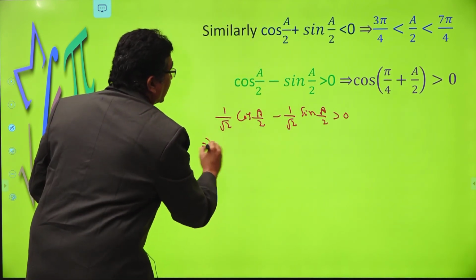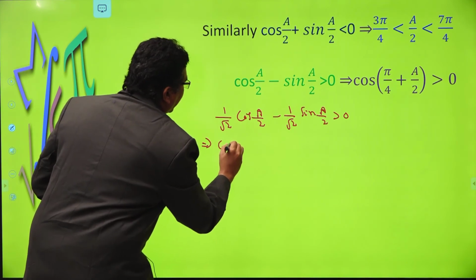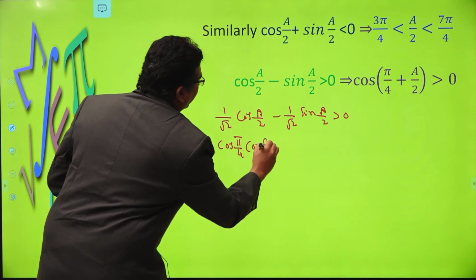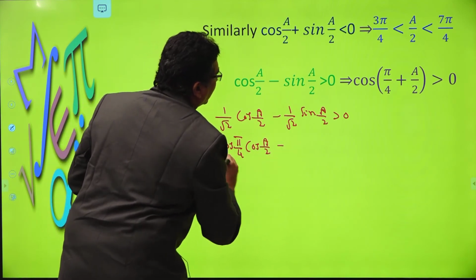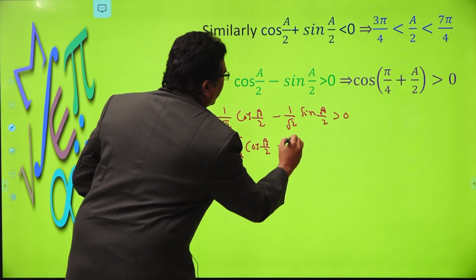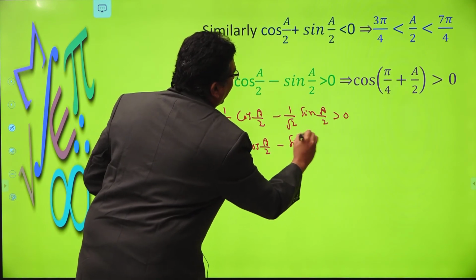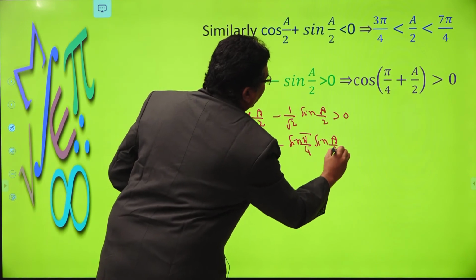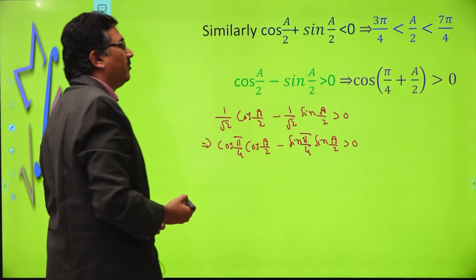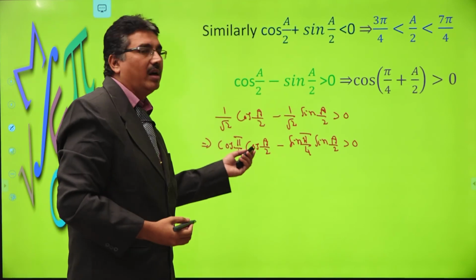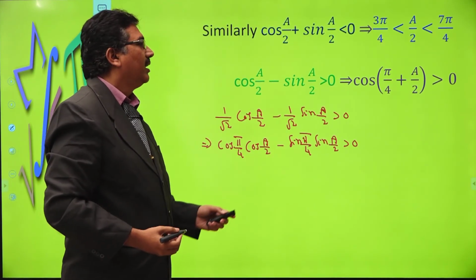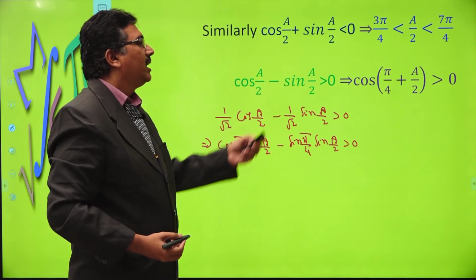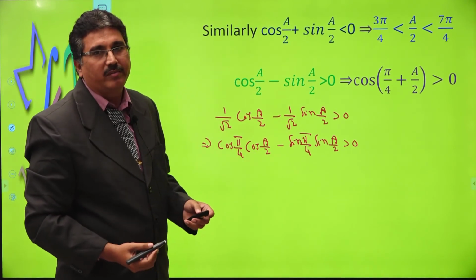That implies cos pi/4 into cos a/2 minus sin pi/4 into sin a/2 greater than 0. Now this is of the form cos of a plus b: cos of pi/4 plus a/2 is greater than 0.